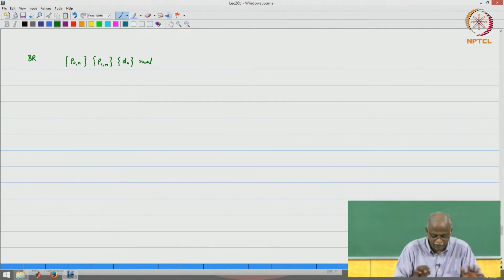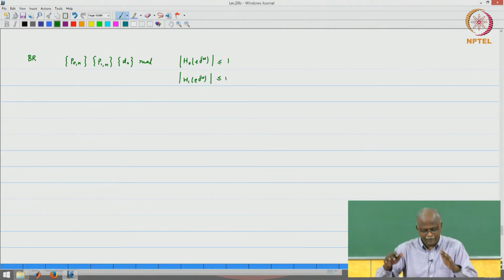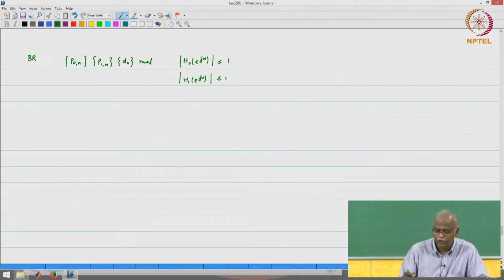That's the real part of it, and the bounded part comes from the magnitude of H0 of e to the j omega being less than or equal to 1, and the magnitude of H1 of e to the j omega being less than or equal to 1. That is the bounded real part. It can be any constant, we have chosen it to be equal to 1.